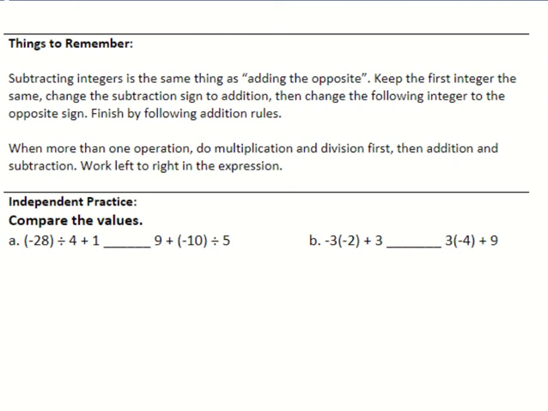When there is more than one operation, like as you can see in your independent practice, do multiplication and division first, then addition and subtraction. Make sure you're working left to right in the expression. So for your independent practice, you're just going to find the first value and find the second value and then compare them. So that's using your less than, greater than, or equal to symbols, okay?